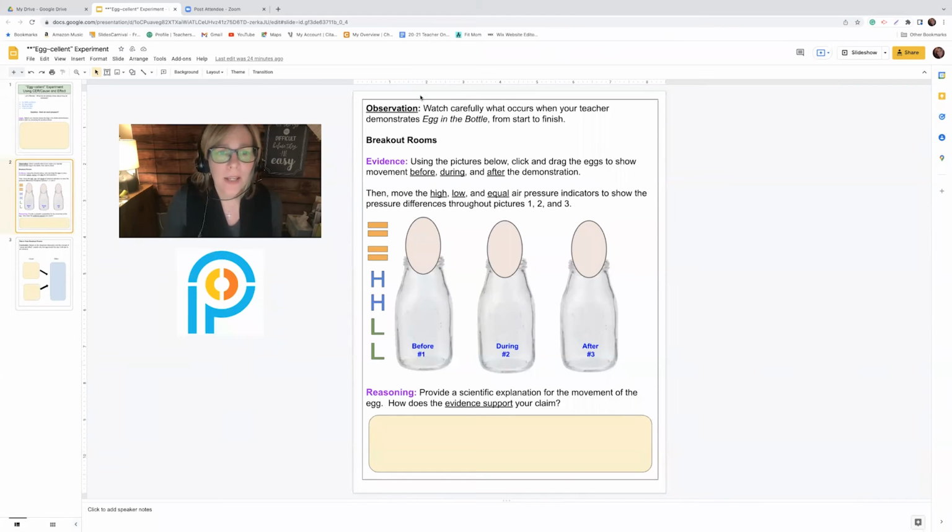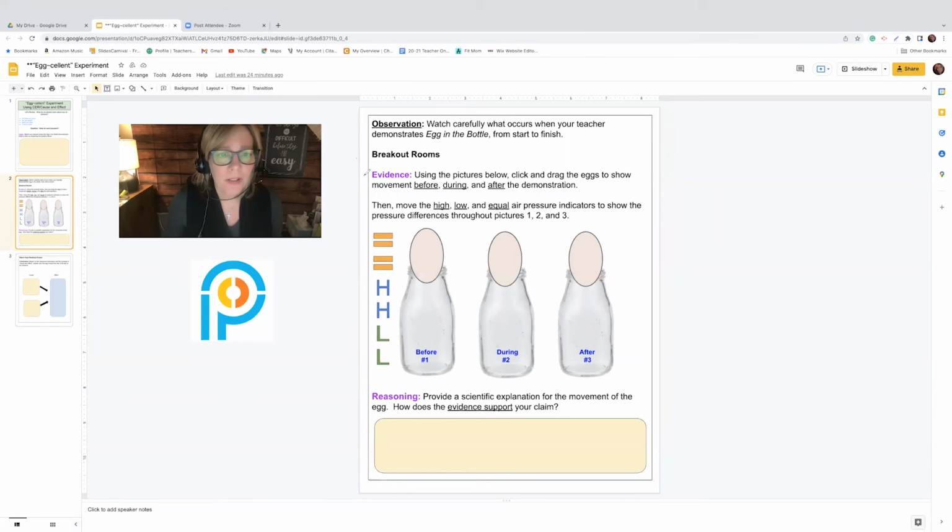I would be showing them this part to work on while in groups. In addition, they would also be moving the high, low, and equal air pressure signs to indicate where's the high pressure, where's the low pressure.